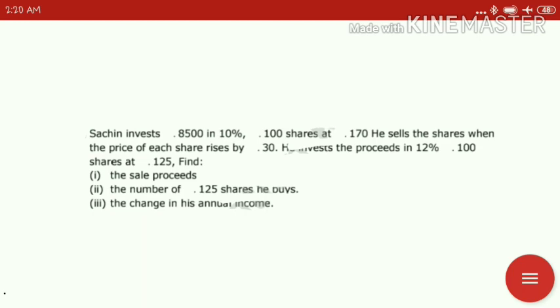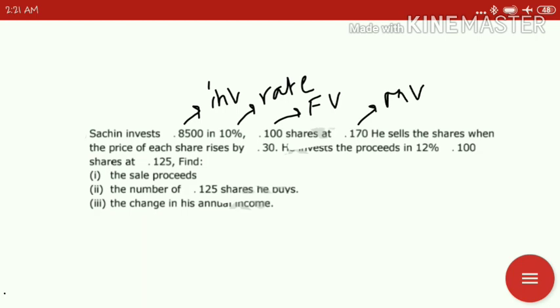Find the sale proceeds. Sale proceeds means the amount he has collected after selling the previous shares. From the first investment you can see that the investment is 8,500, 10% is the rate of dividend, 100 is the face value, and 170 is the market value of the first one.